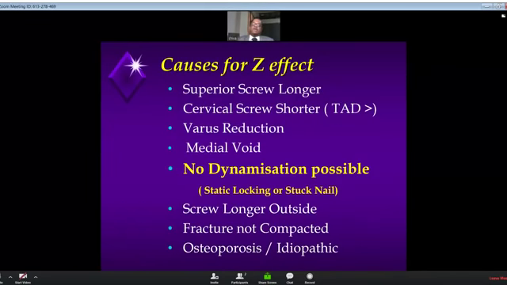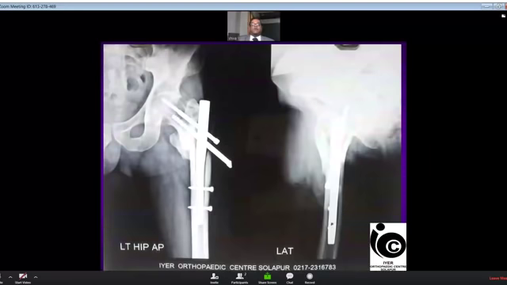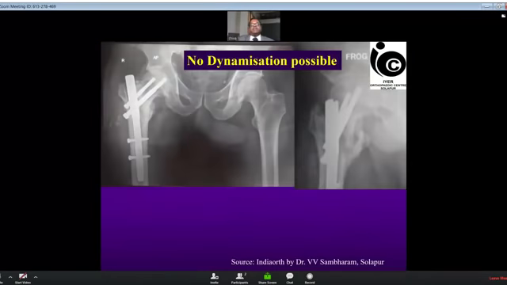Next one is no dynamization possible, or static locking, or stuck nail. Again, as I said earlier, it's a controversial topic. Here you can see a static locking nailing has been done, which has led to Z effect. Another case, a static locking has been done, beautiful reduction.